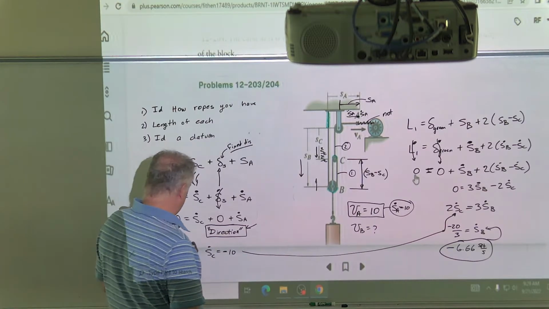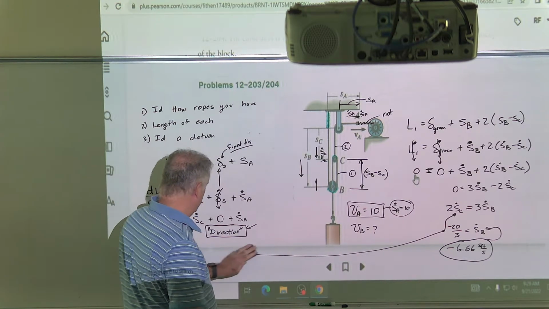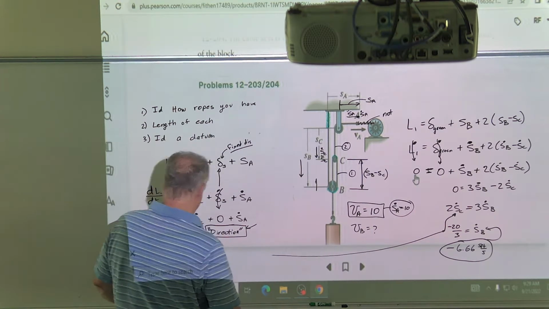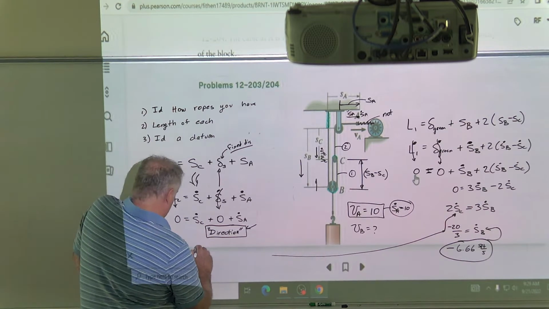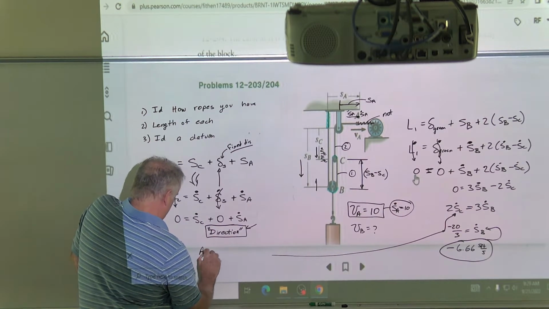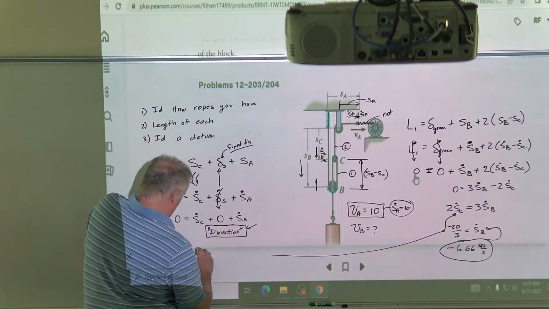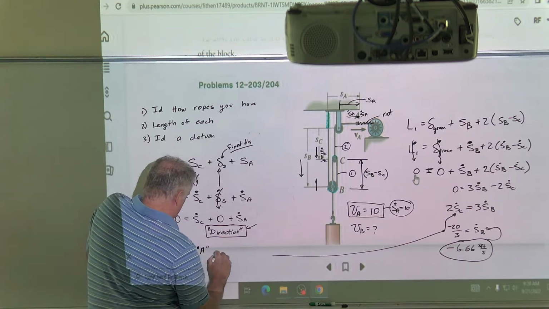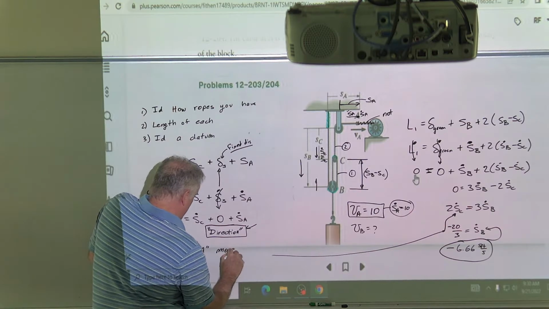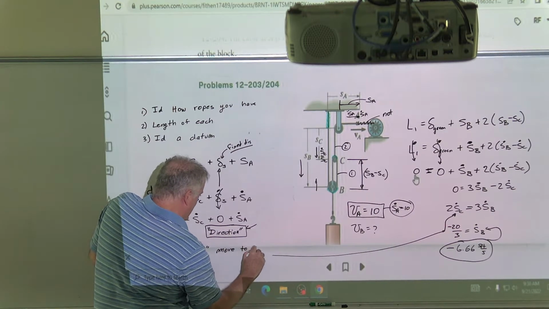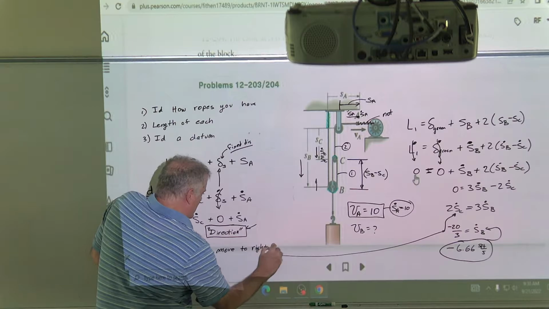What happens if somebody told you that A moved, here, let's separate those. Point A moved to the right 1 foot.